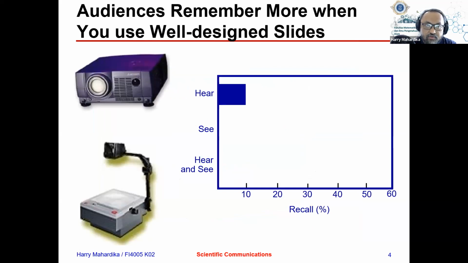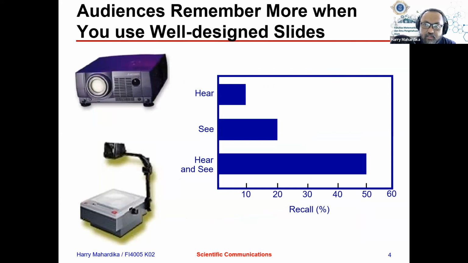Audience remember more when you use a well-designed slide, even if it's simple. Okay, it doesn't need to be sophisticated in terms of design. It doesn't need to be too many colorful slides that will be remembered. Even for simple black and white slides, the audience or your advisor will remember a particular slide if you are able to design it properly.